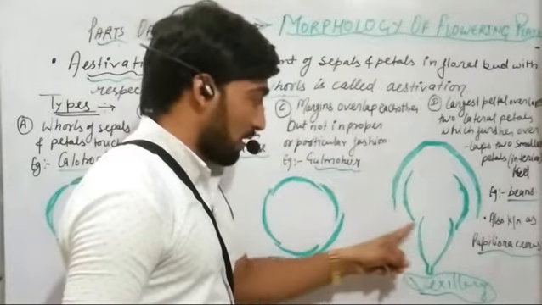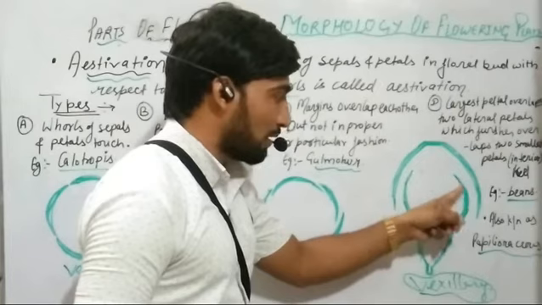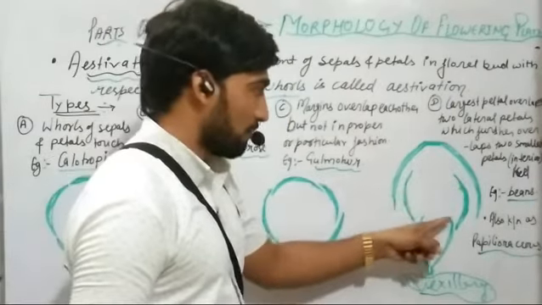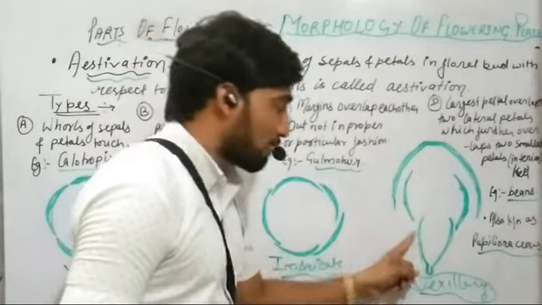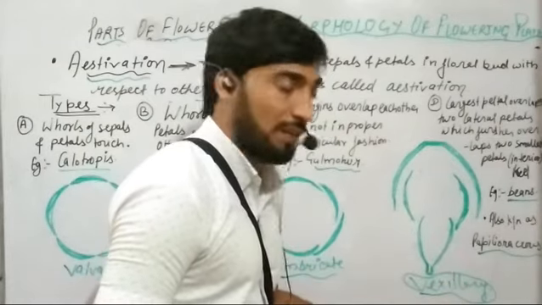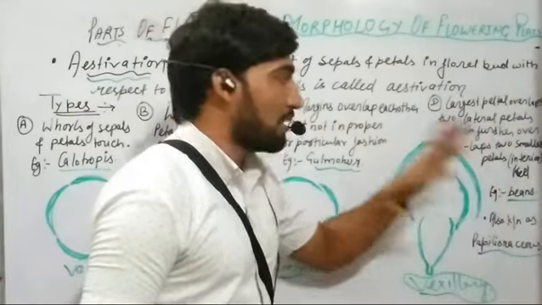So, which are the smallest petals? The two largest petals overlap the two lateral petals, and these two lateral petals further overlap the two inner smallest petals. Such estivation is vexillary or papilionaceous estivation. The example is beans.